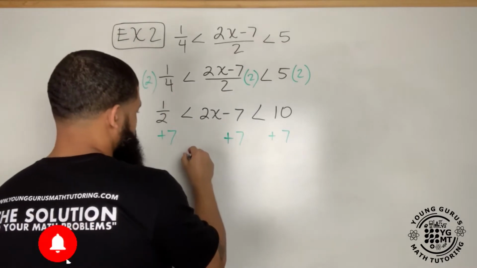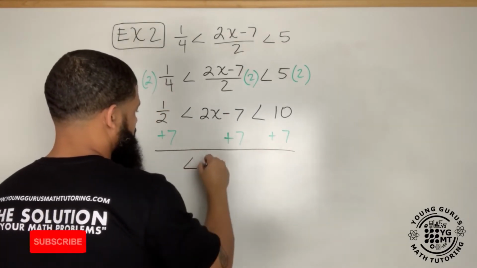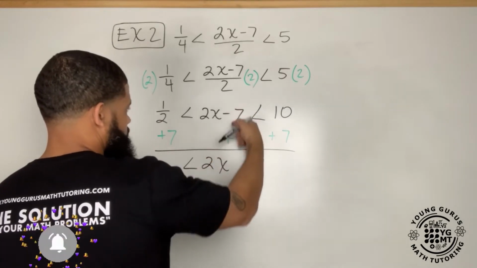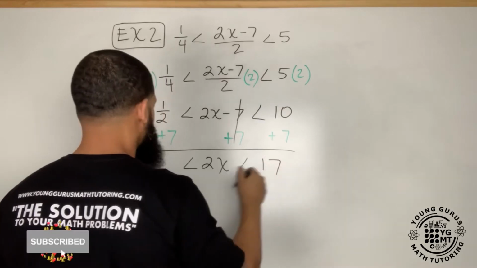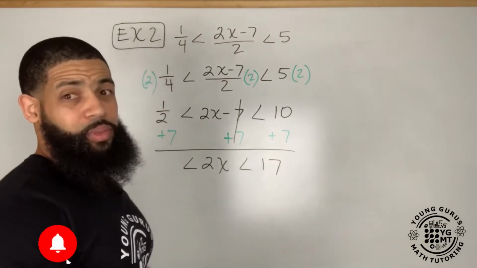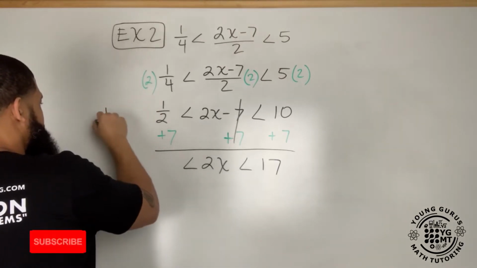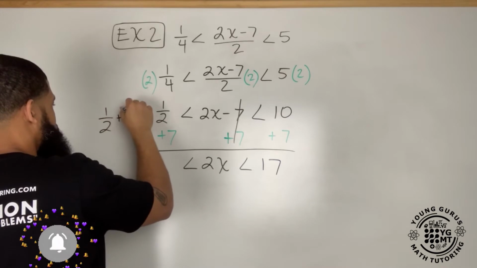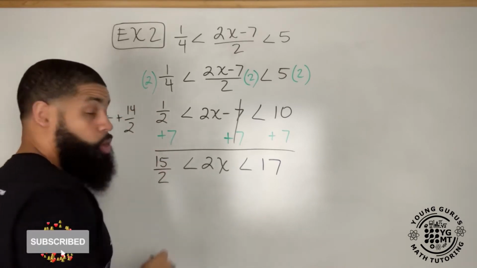So let's do the middle, because that's going to probably be the simplest part. So here I'll have 2x, because the 7's cancel, is less than 17. Now 1/2 plus 7 is actually 1/2 plus 14 halves. So that looks like this: 1/2 plus 14 over 2, which is 15 over 2.